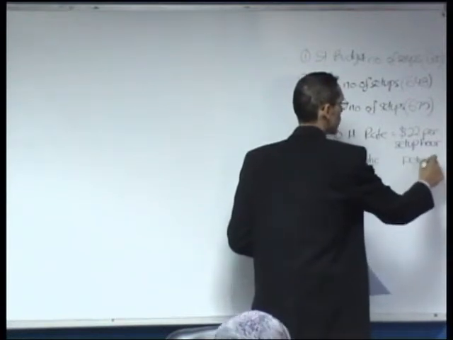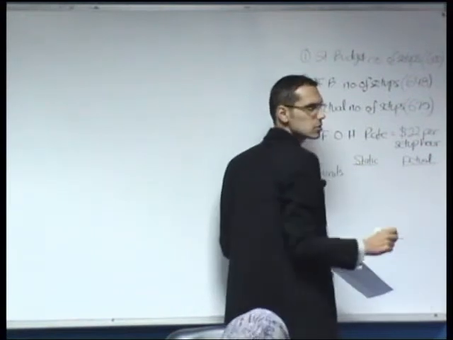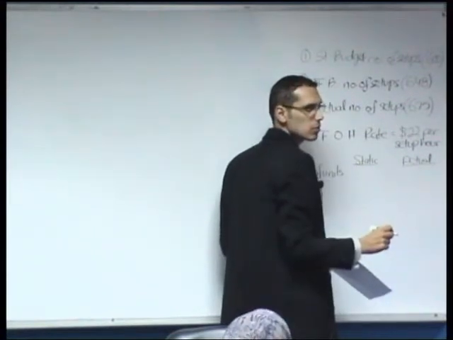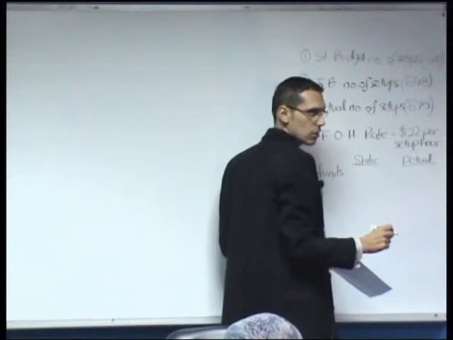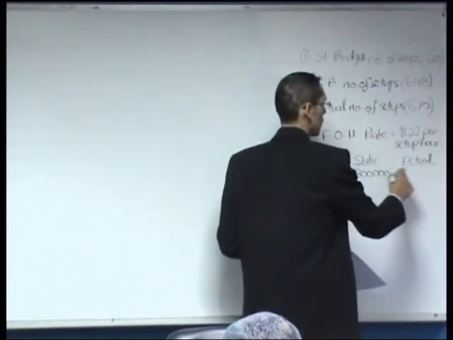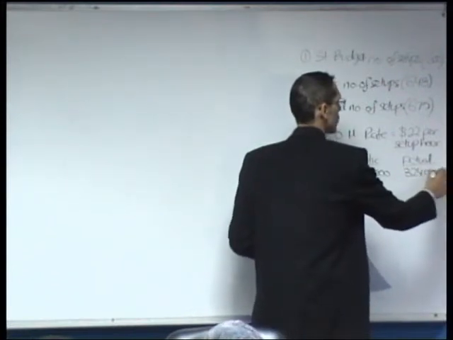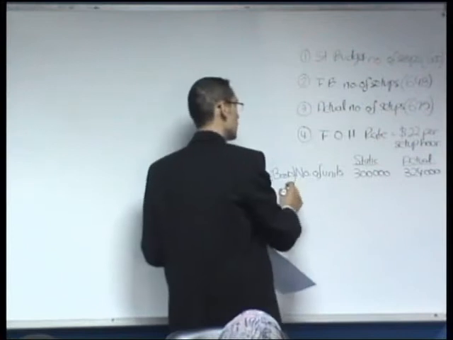What was the amount for the static? 300,000 books. And the actual, 324,000.